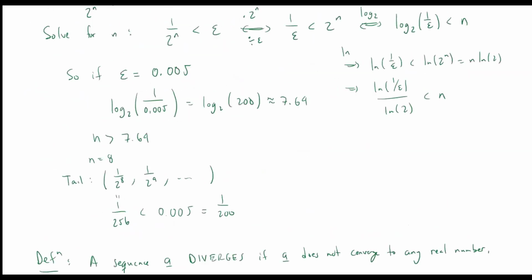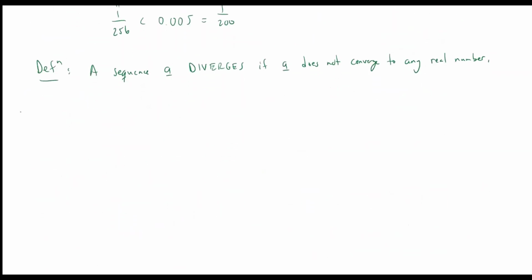Right? So, for example, go back to our very first sequence of the day. You all thought that this diverged, right? You all said that the limit was infinity, which is not a real number.